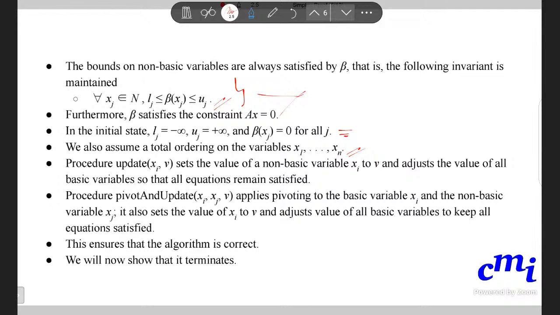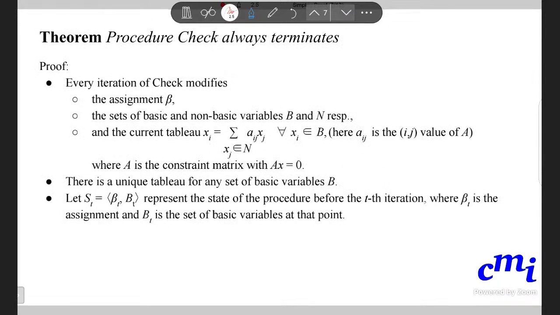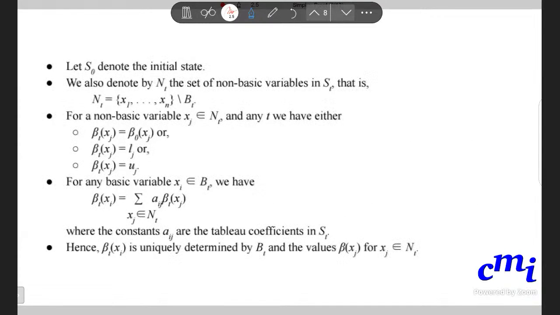So the non-basic variables not only satisfy these things after each iteration, additionally they are set to either LJ or UJ. That is there in my proof. It comes later. I think it's right here.